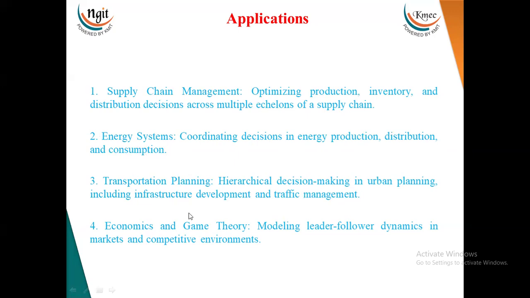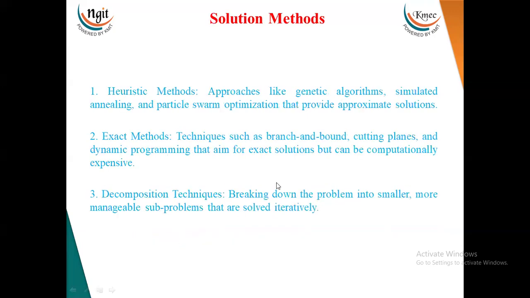Here you have to go for decision making according to the infrastructure and traffic management. So how the infrastructure is already developed or any requirements are there, and how to manage the traffic. And the next application is economics and game theory. In the game model, leader follower dynamics in markets are competitive environments, and competitive environments will be helpful for economics and game theory.